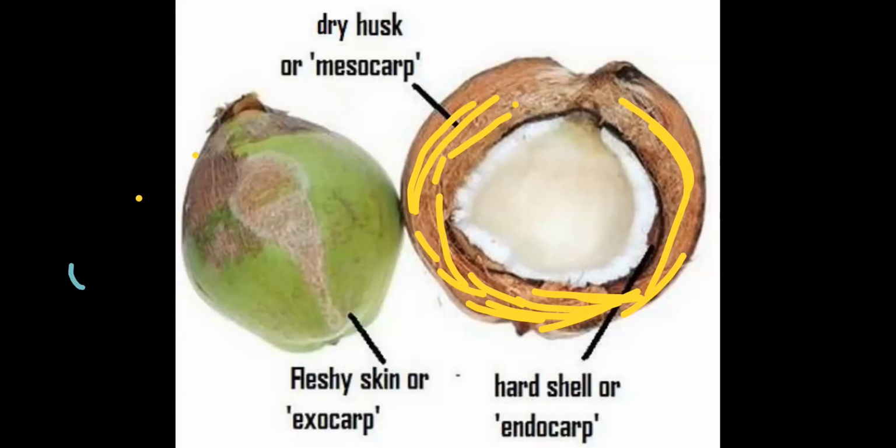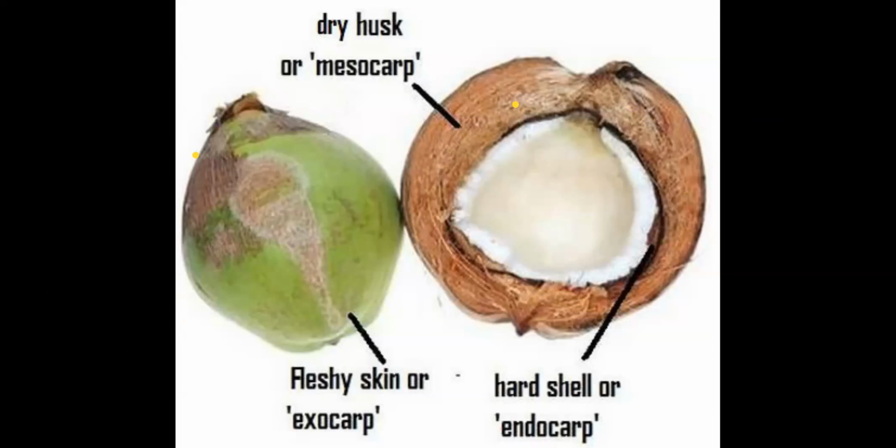So mesocarp, in case of mango, juicy, fleshy. In case of coconut, mesocarp is fibrous. Okay, mesocarp is which one? Fibrous. See, इसको हम coir बोलते हैं. Remember, coir meaning fibrous.